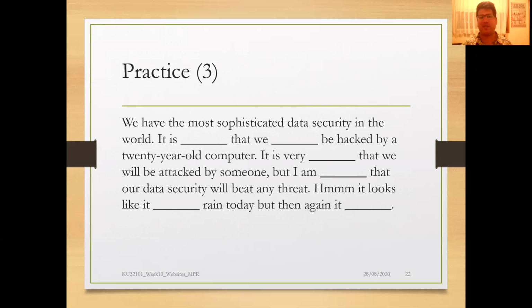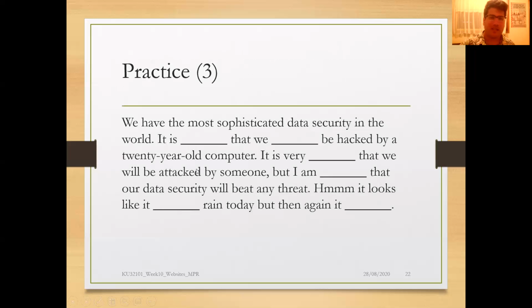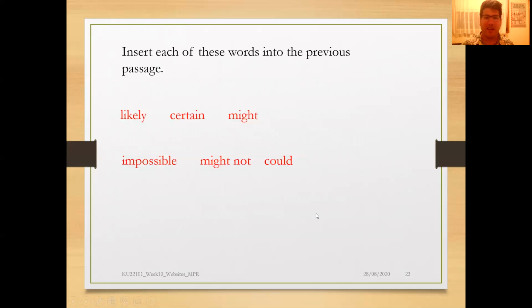Okay, so practice 3, we have this passage here with gaps, okay? So you need to insert each of these words into these gaps. And you need to use all of these words, which means you can only use one word once.